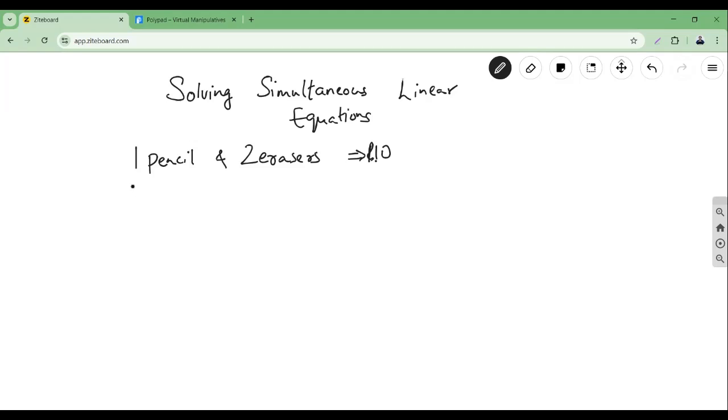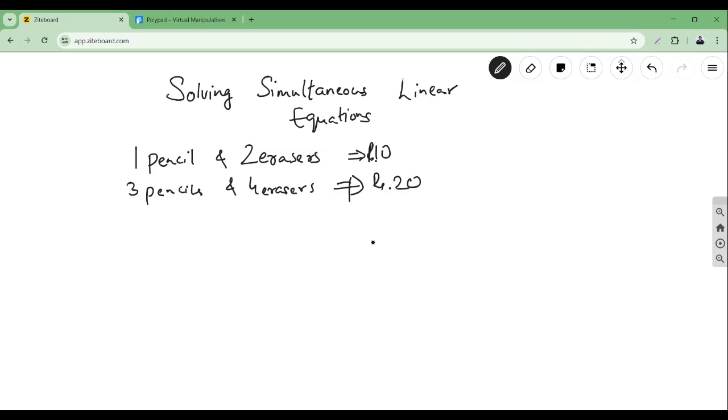Another day you are buying three pencils and four erasers. So now, how much did you pay? 20 rupees you paid.